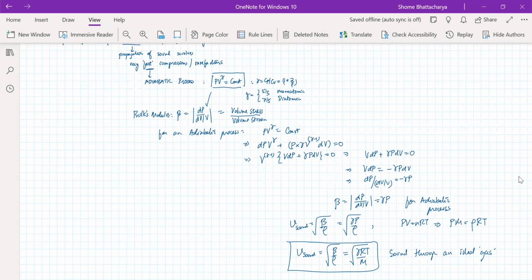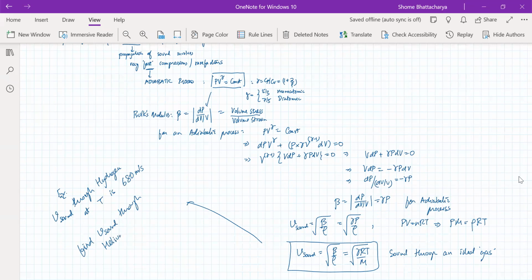So you can definitely get simple formula based questions compared to this. For example, if speed of sound through, let's say, hydrogen at a temperature T is, let's say, 680 meters per second, then find the speed of sound through, let's say, helium at 2T.